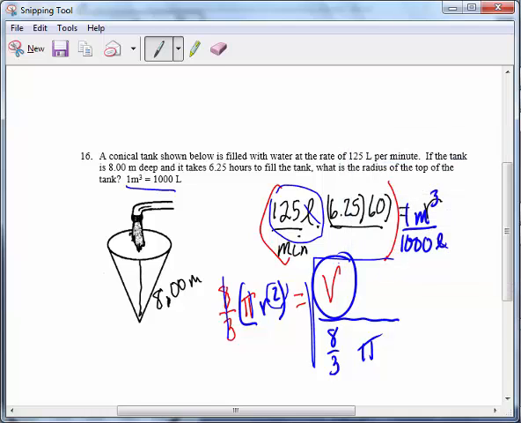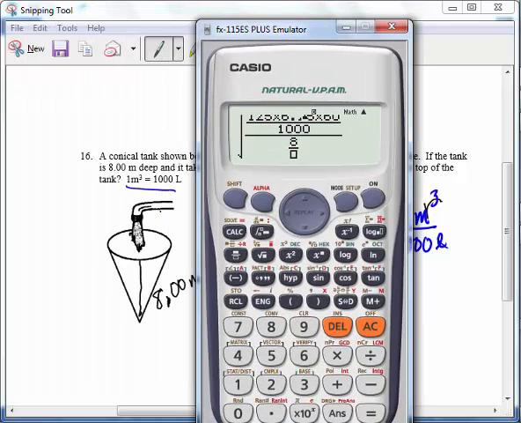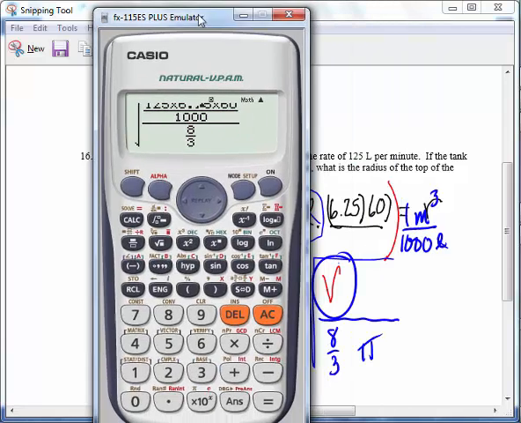So let's take out our calculator, square root, and we've got a fraction in the numerator of 125 times 6.25 times 60, divided by 1,000 because there's 1,000 liters in a cubic meter, over the fraction 8, which is the height of the cone, thirds, pi.